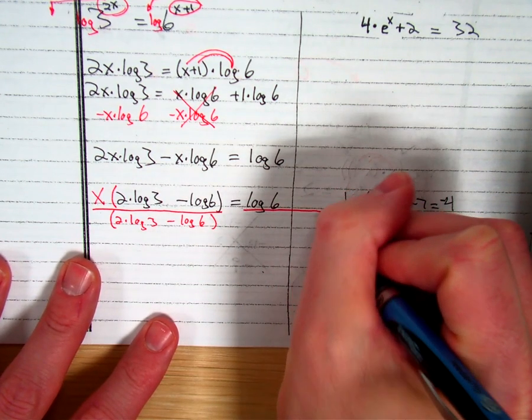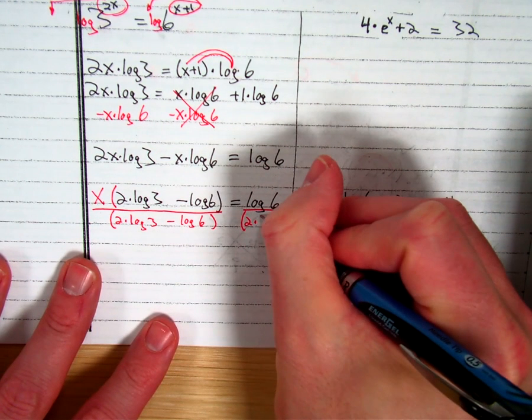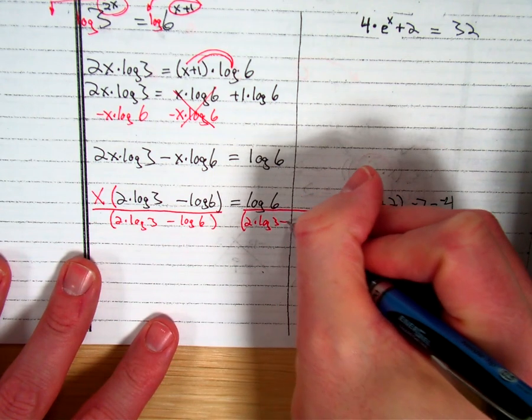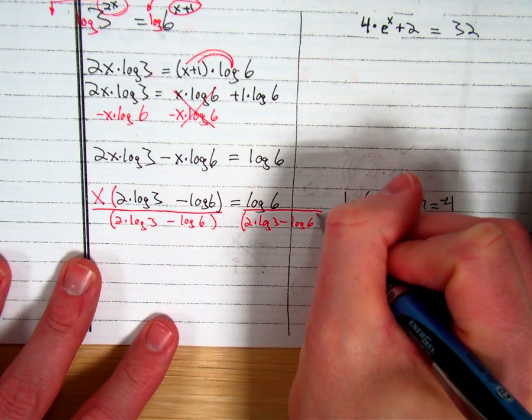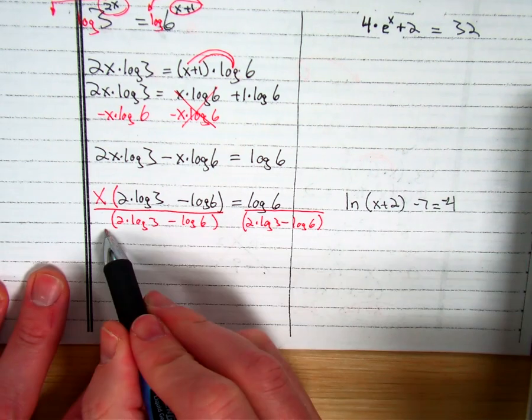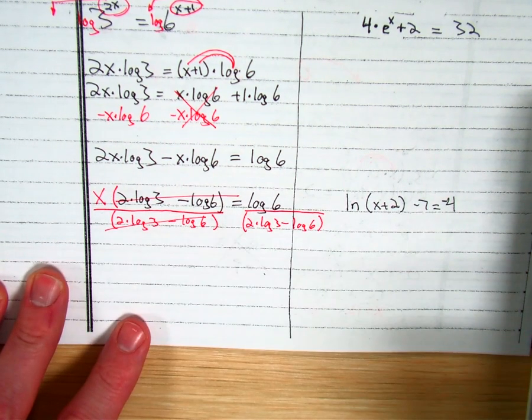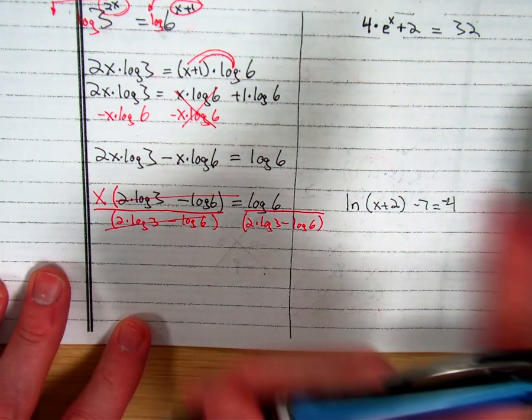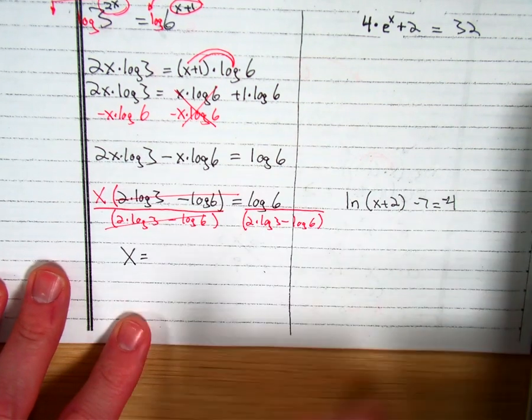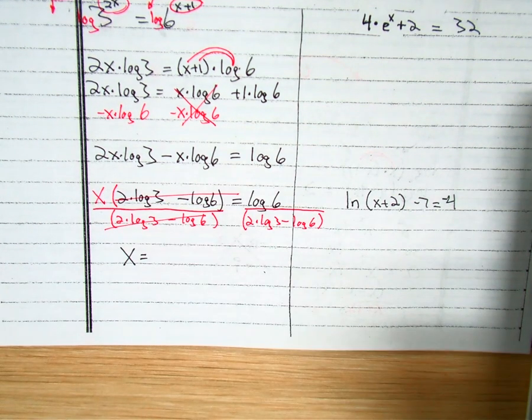Divide both sides. And now that is going to cancel, and we'll just have x on the left, and we'll have just that on the right, which we can now type into the calculator.